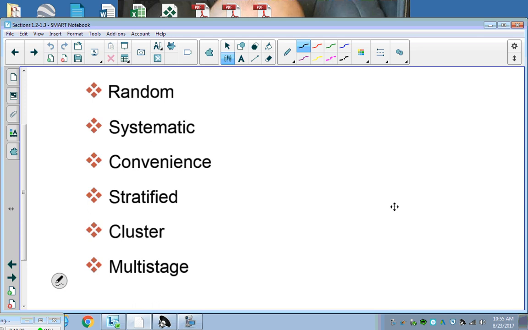Stratified? Break them into groups and then what? Get the samples from each group. Cluster? Divide into clusters and take the whole group from that particular cluster. And of course, multi-stage combines more than one.